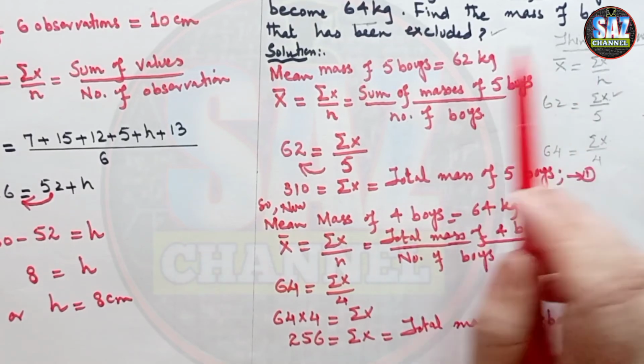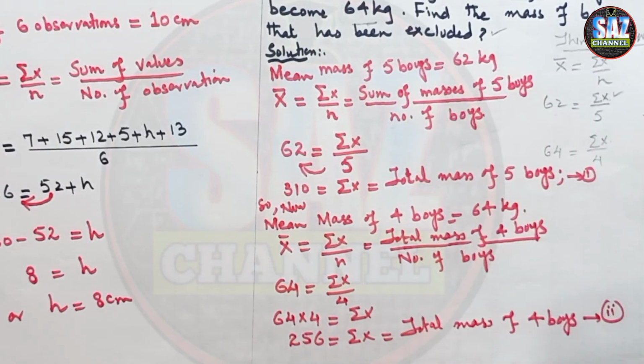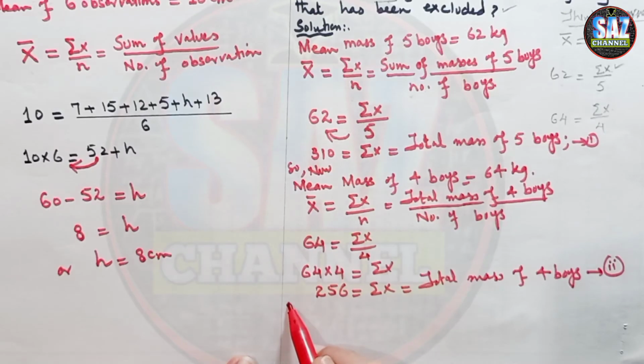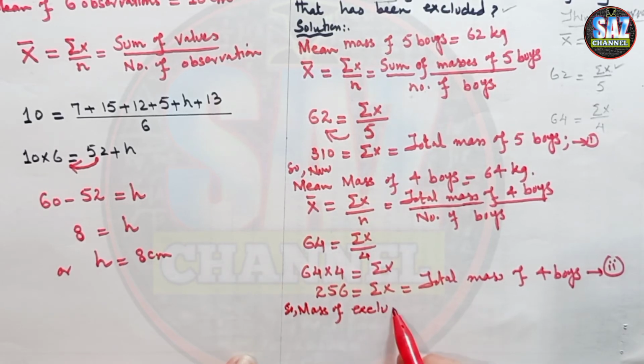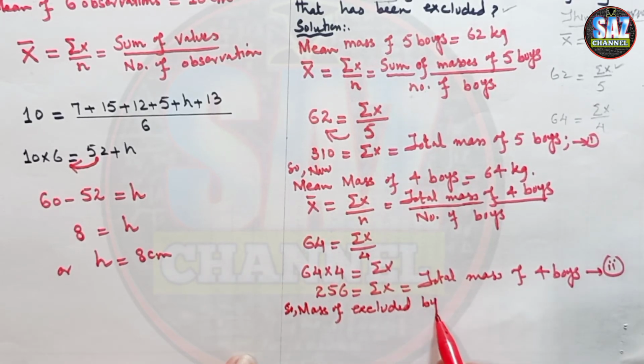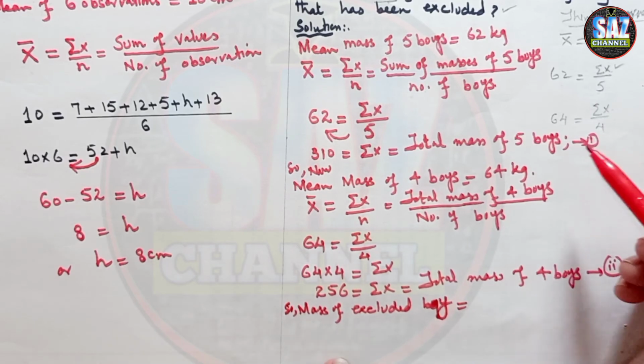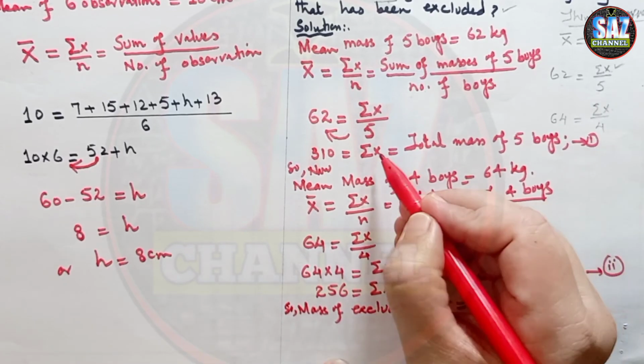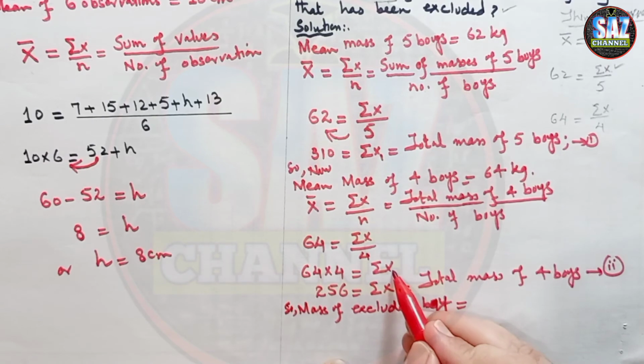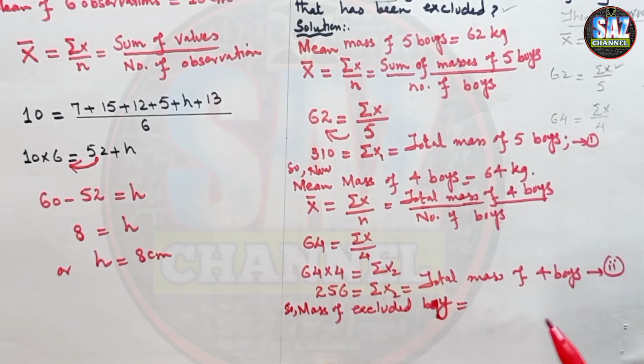The requirement is the mass of the boy that has been excluded. Mass of excluded boy equals mass of 5 boys minus mass of 4 boys. Let it be x1 and let it be x2, so that we can give the reference here.